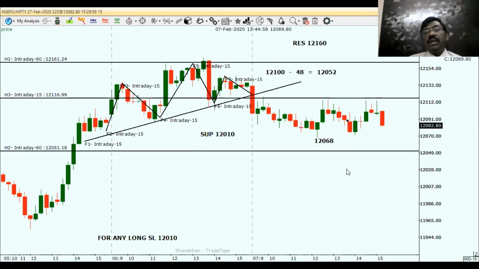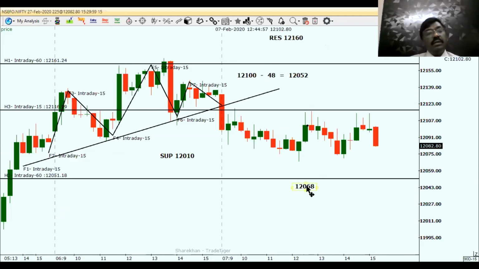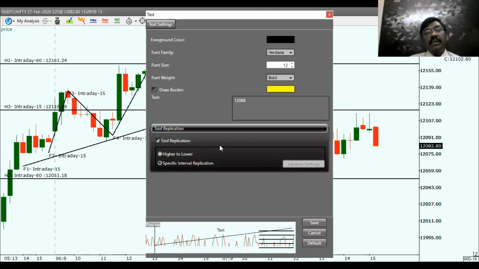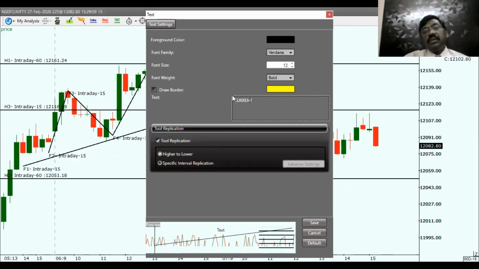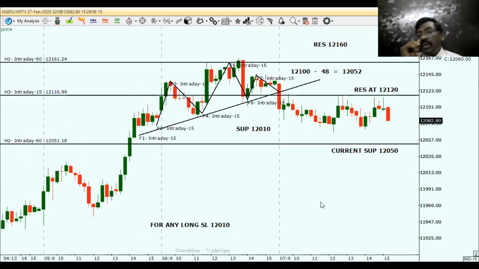The range we are now identifying for Monday's trade is: the current support level can be 12,050, and the immediate resistance level is at 12,120. This is the scenario. These are the important levels we'll have to keep in mind to trade on Monday.